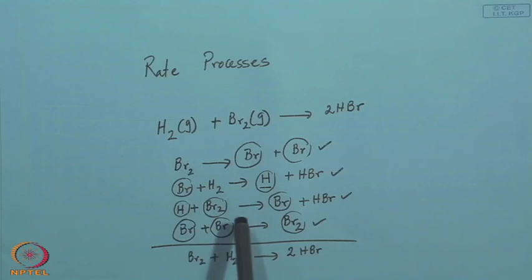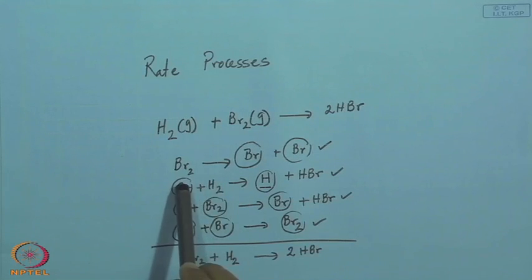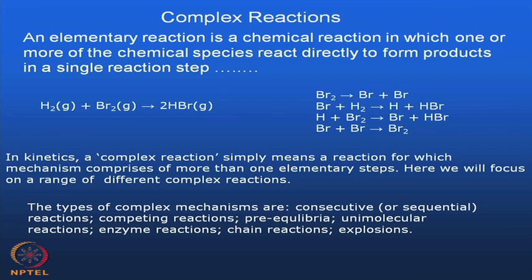In this case there are two species, two bromine atoms, so it is bimolecular, or biatomic you can say. Or here, H2 and Br, it is a bimolecular process. So, unimolecular, bimolecular; a unimolecular reaction is a complex reaction.